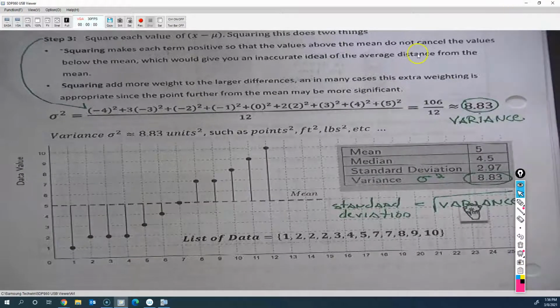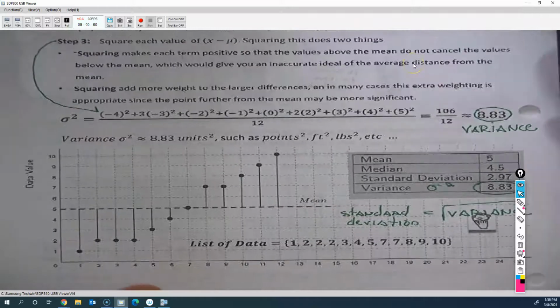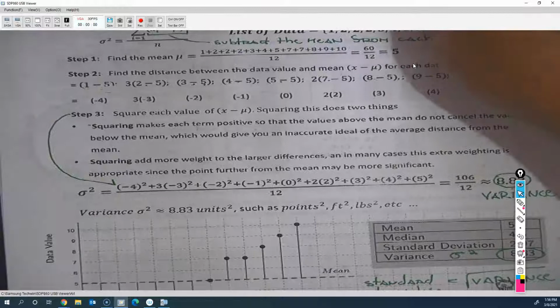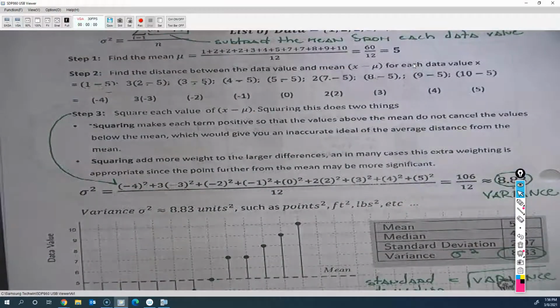All right, questions up to this point. The good news is your calculator is going to do the work for you. I just wanted to show you where it comes from.